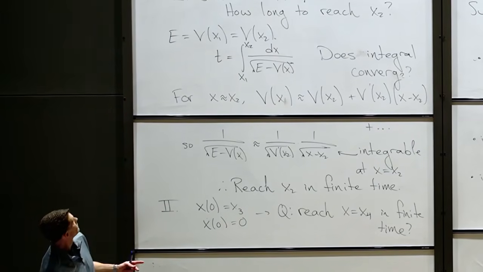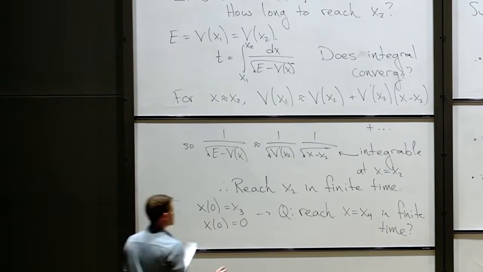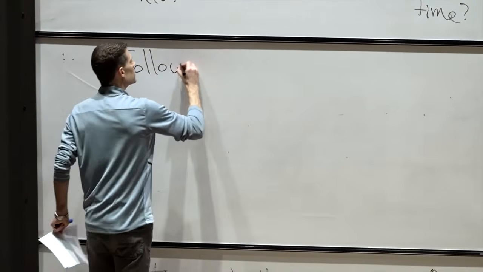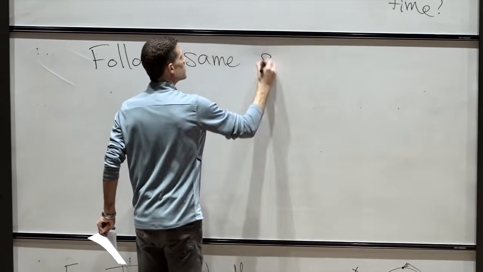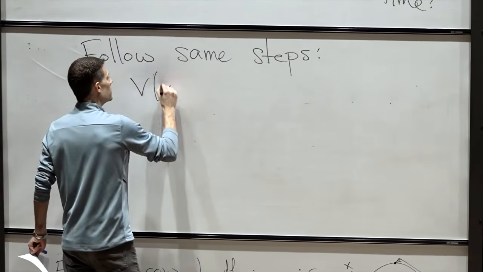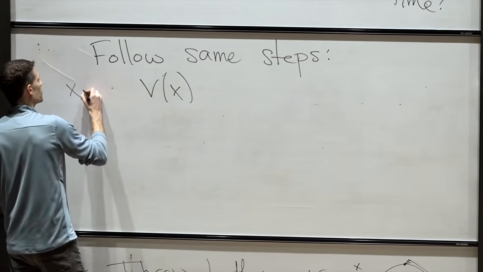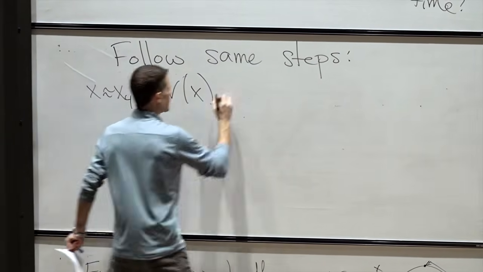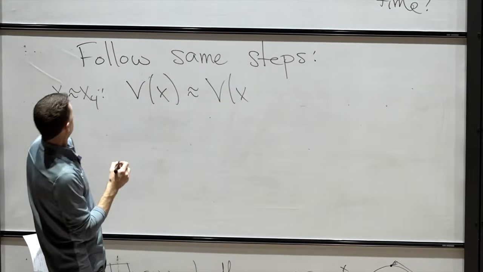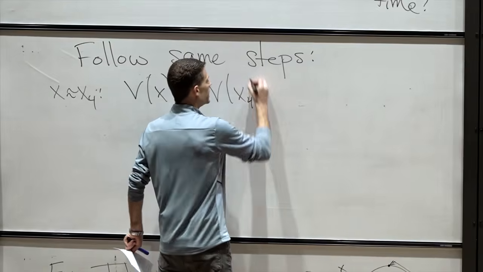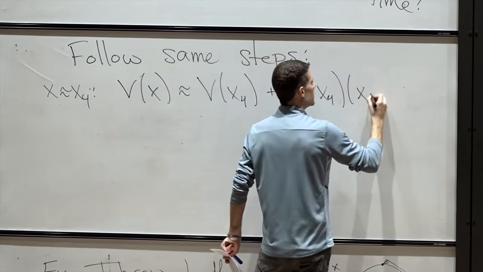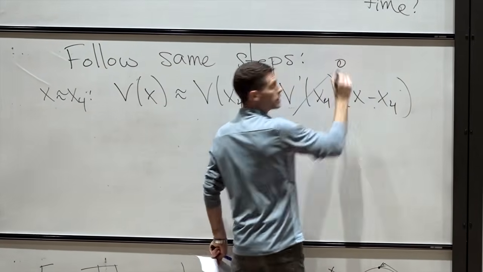V prime of x4 is 0. So when I do this expansion, if I follow the same steps, for x close to x4, v of x is like v of x4, which is e, plus v prime of x4 times x minus x4, but that's 0.